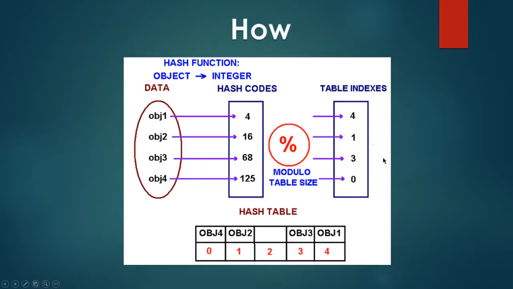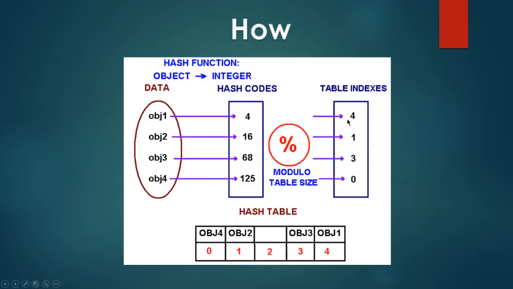These indexes will be the place where the object will be put. So in this case, object 1 will be put in index 4, object 2 will be put in index 1, and object 3 will be put in index 3, and so on. And that is basically how we implement a hash function in Java code.